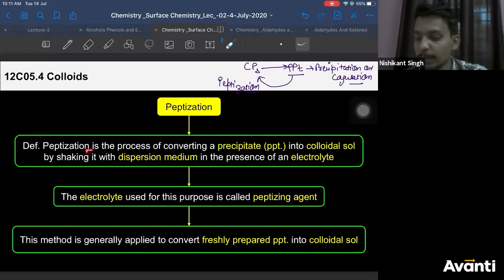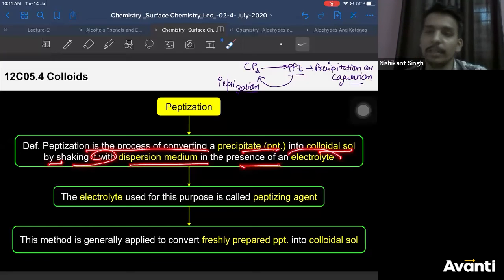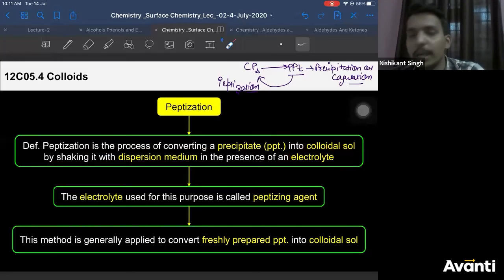So peptization is a process of converting a precipitate into colloidal particles, important, by shaking it with dispersion medium in the presence of an electrolyte. This is very important. So if you want to form a colloidal solution from precipitate, take your dispersion medium, put your precipitate in the dispersion medium in a beaker, add some electrolyte to it and shake it.